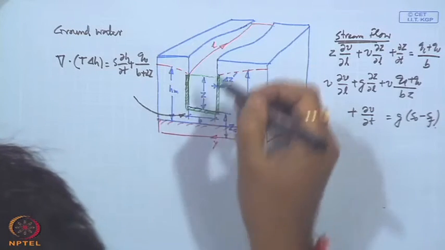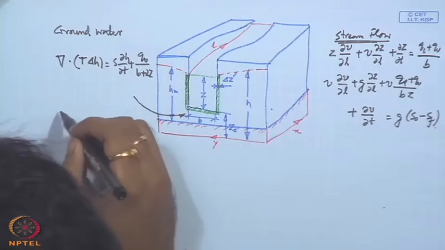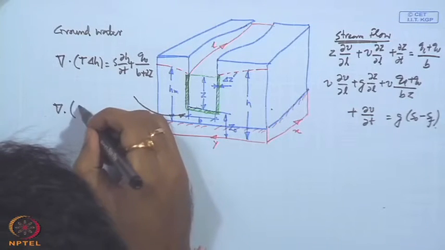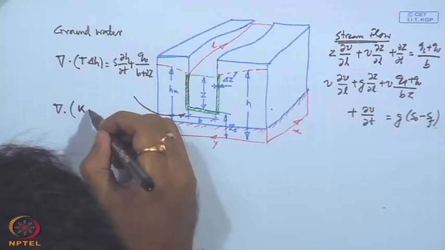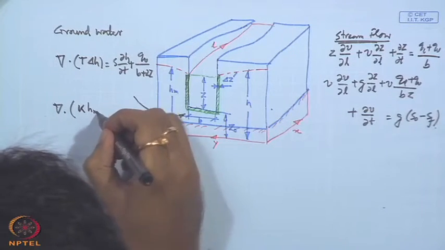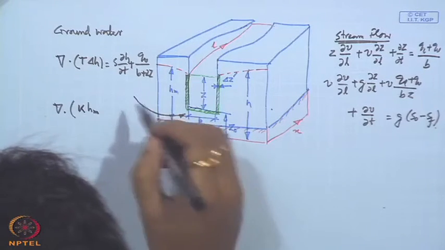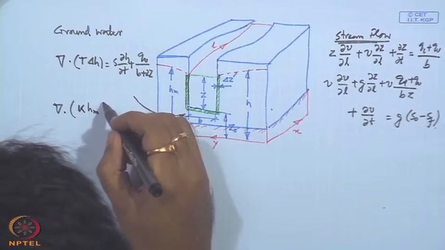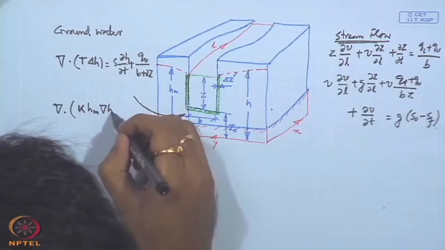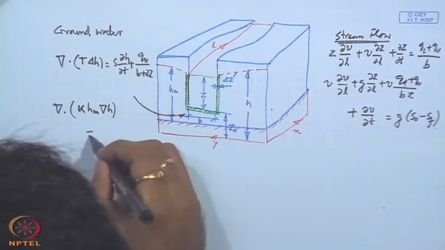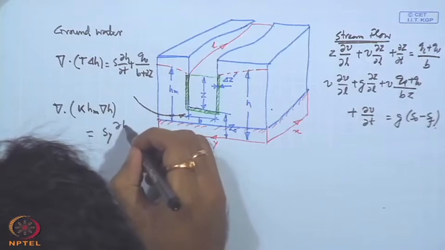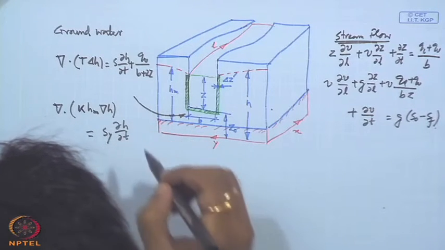governing equation for the other parts, that will be K, which is hydraulic conductivity, this is Hm, this is saturated thickness of the aquifer, H m, then del H, this is S y, or specific yield.